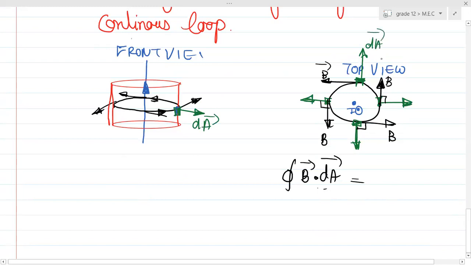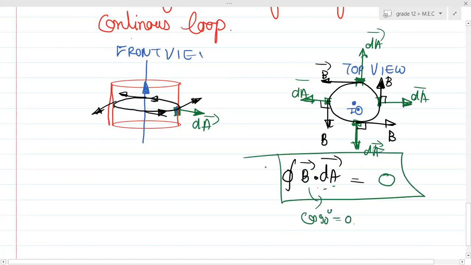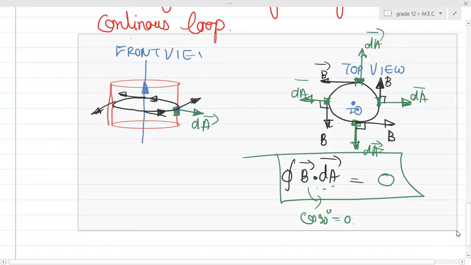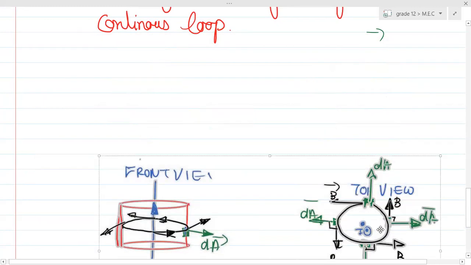So at every point on the curved surface, B and dA have a 90-degree angle, right? So cos 90 will be 0. Is this clear, guys? Since you need to write this, you can write it later.